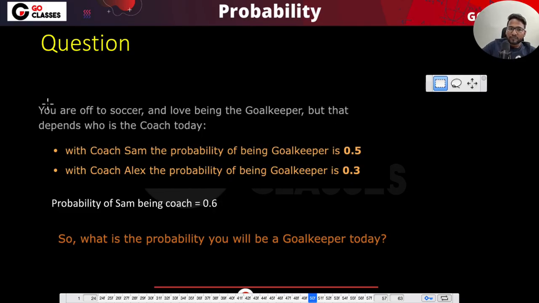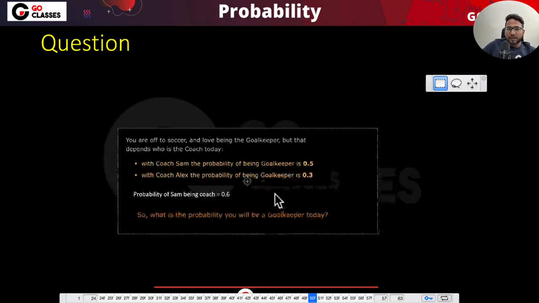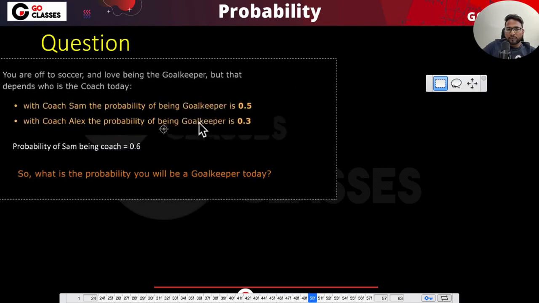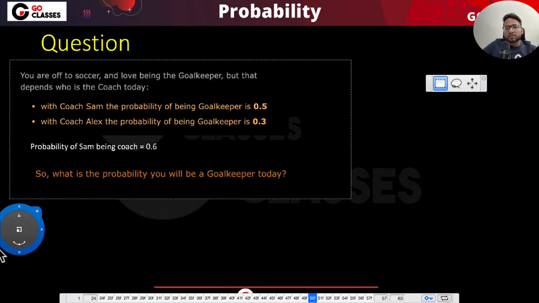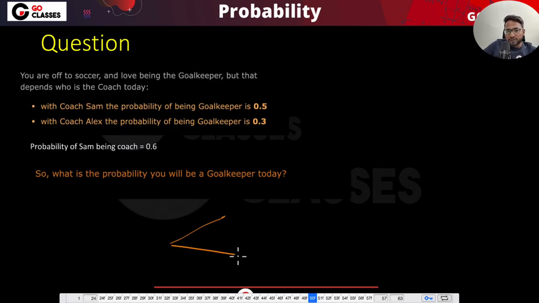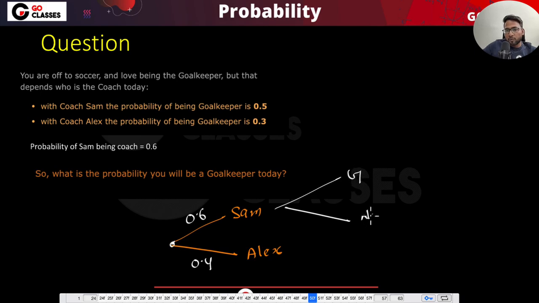Okay, so here there are two events. One is coach, another one is goalkeeper. So first let's choose which one is coach. Coach may be Sam, coach may be Alex. And what are the probabilities? The probability for choosing Sam is 0.6, then for choosing Alex it will be 0.4. If Sam is the coach, then you may be goalkeeper or maybe no goalkeeper, right?